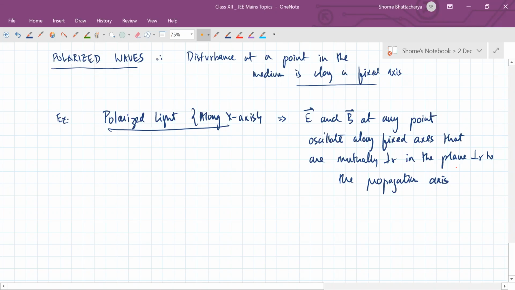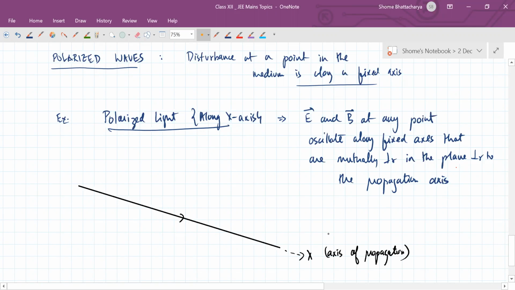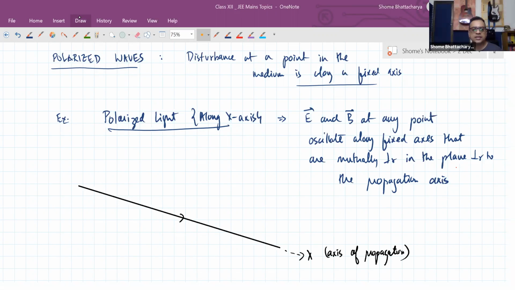Okay. So an example of this would be something where our wave is propagating along the x-axis, and we have chosen our y and z axis as the particular axes along which the electric field and magnetic field are there. So the x-axis is the axis of propagation, and now at any point our electric field and magnetic field are oscillating along fixed axes.